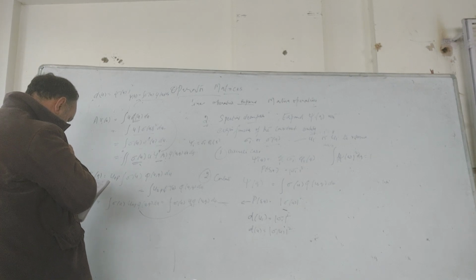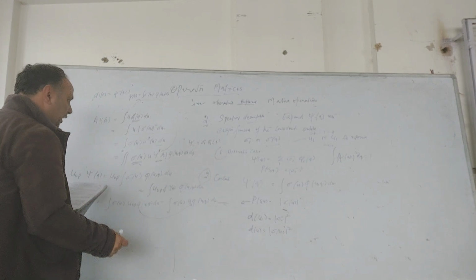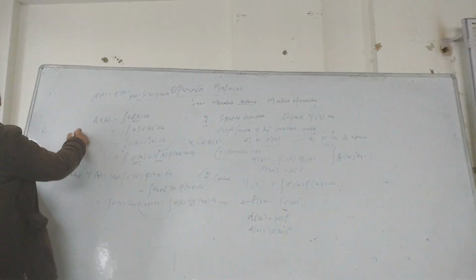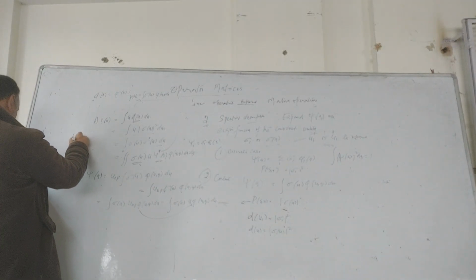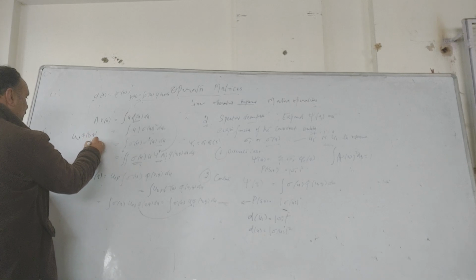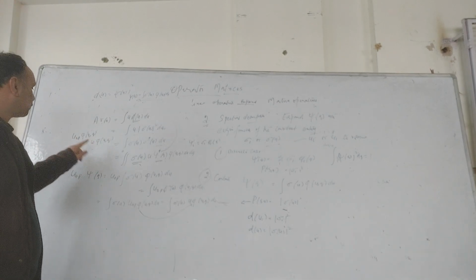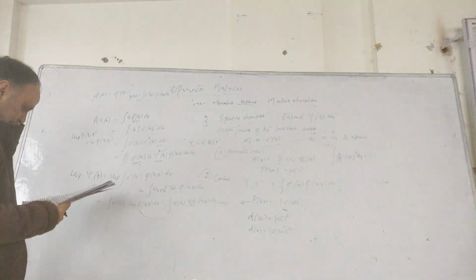Now we use the last operation for these equations. We have used this property: U operator on phi of u is equal to U of phi of u. U operator acting on phi of u, so we can write it like this.